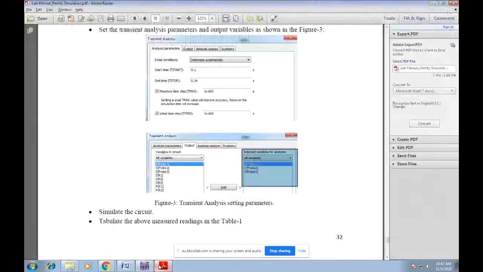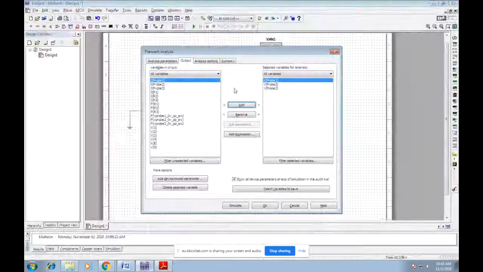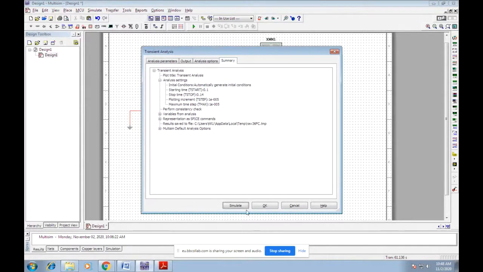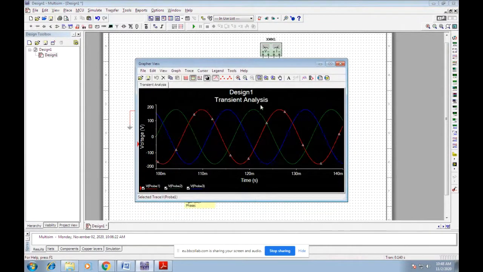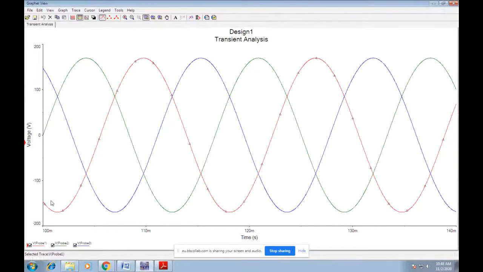Then analysis options, we will use all the defaults, and this will be the summary. If you click on simulate, it will simulate, and you can change the background color also. Here you can see the red color is probe 1, the green color is probe 2, the blue color is probe 3.